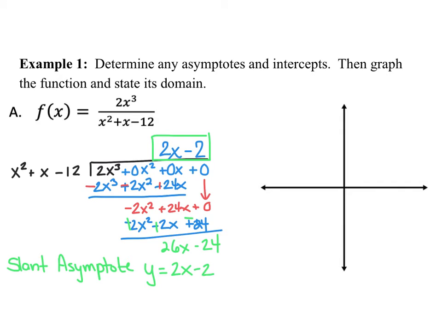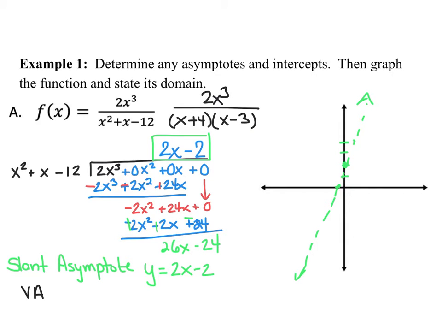So it has a y-intercept at negative 2, and then it has a slope of positive 2. So it's going to look something like this. And since the directions tell me to find all asymptotes, I recognize that there are also some vertical asymptotes, because if I factor this denominator, this would be x plus 4 and x minus 3.